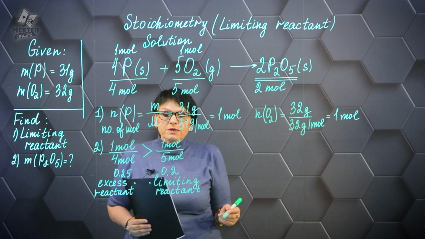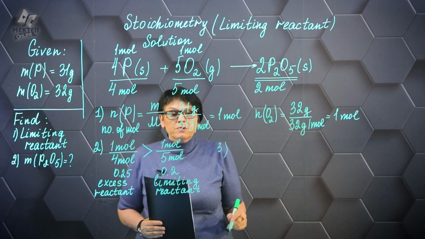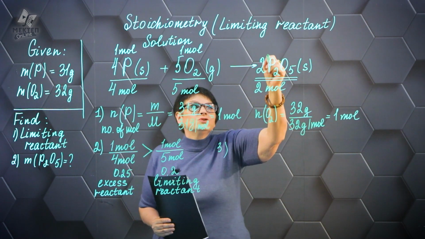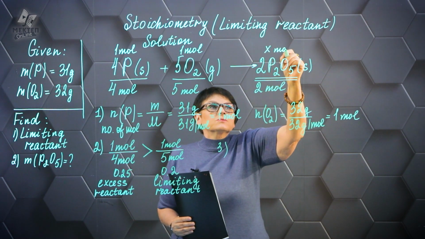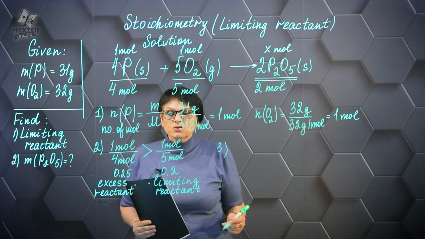Now further, how do we decide? The next step, we will find how much of our phosphorus oxide should be obtained. Here above phosphorus oxide, I will write X mole. And on what substance should we make the calculation?